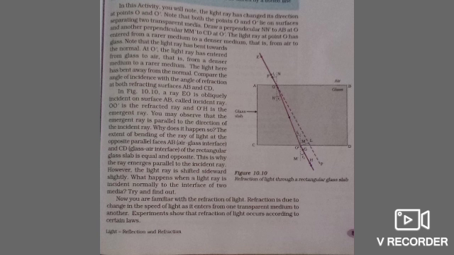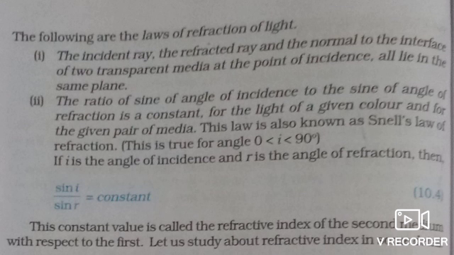Next we shall discuss the laws of refraction of light. They will ask this for 1 mark: what do you mean by laws of refraction of light, or state the laws of refraction. The first law: the incident ray, the refracted ray, and the normal to the interface of two transparent media at the point of incidence all lie in the same plane.